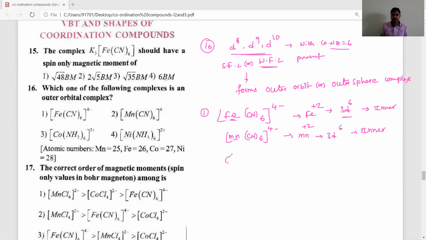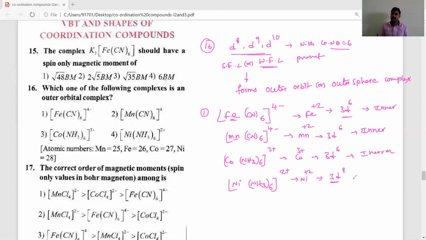Next is [Co(NH3)6]3+. The cobalt atomic number is 27, and Co3+ is 3d6, so it is also an inner orbital complex only. But the nickel complex they gave is [Ni(NH3)6]2+. Nickel is +2, and its electronic configuration is 3d8.